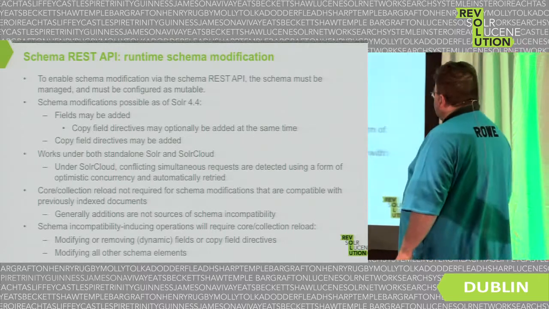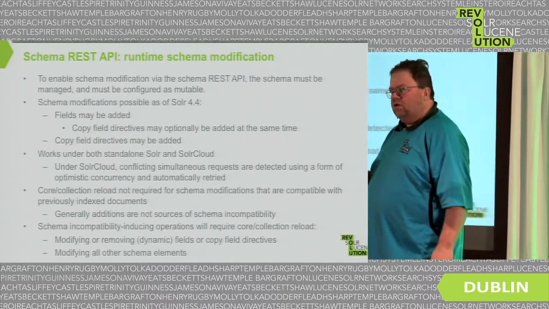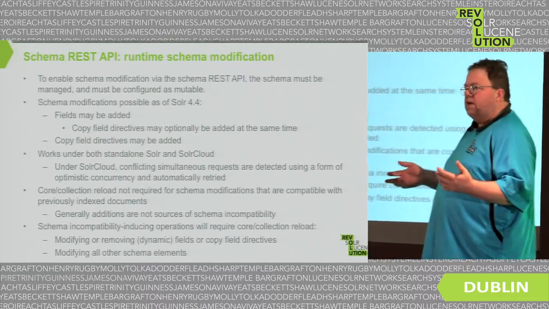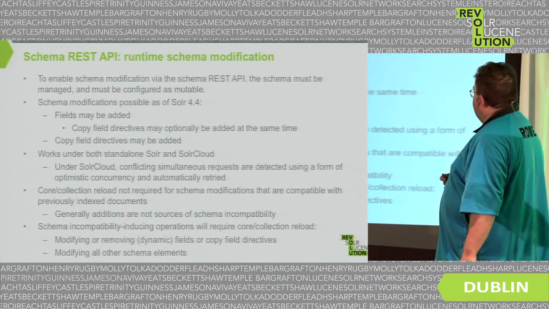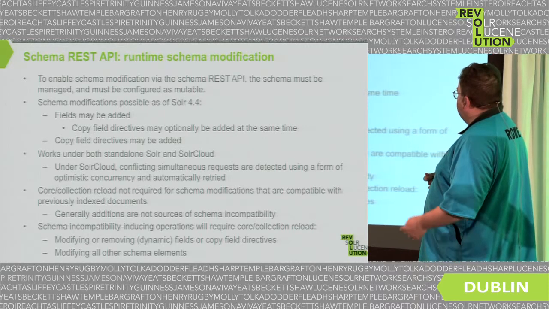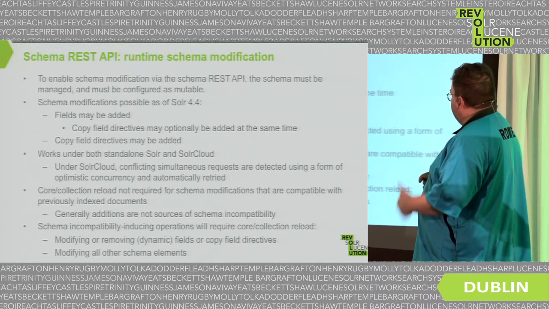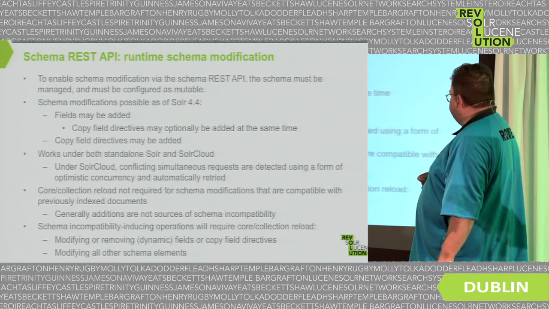Under SolrCloud, a form of optimistic concurrency detects simultaneous requests and automatically retries if those requests conflict.